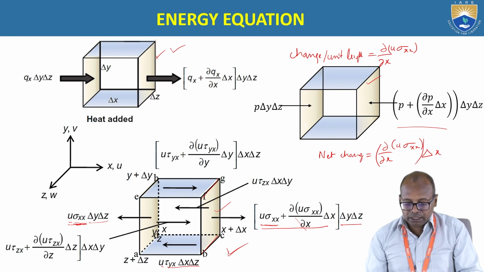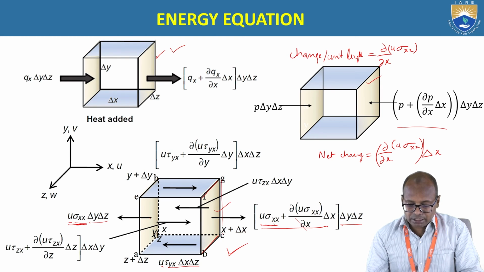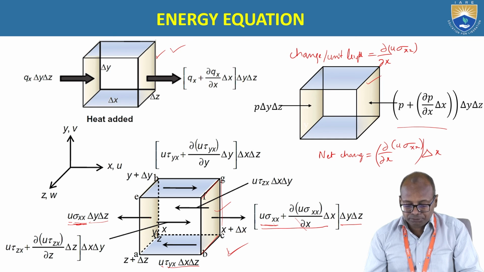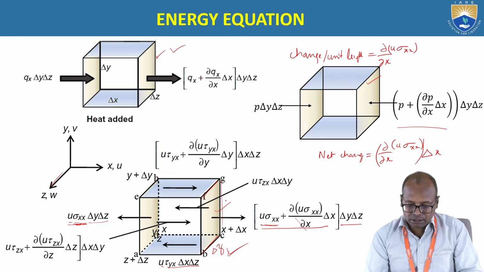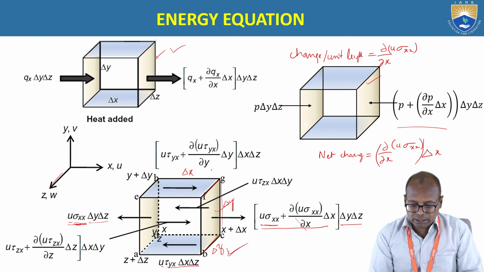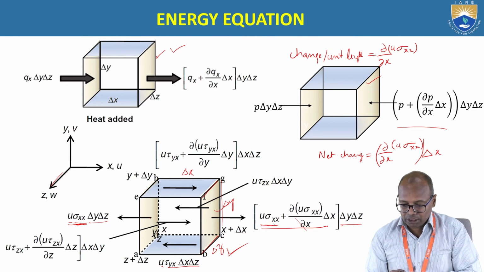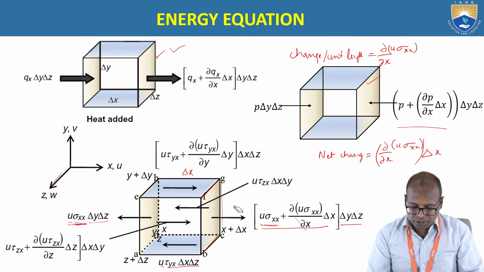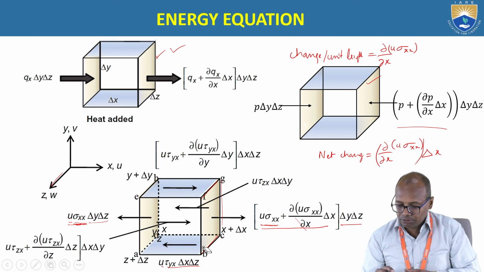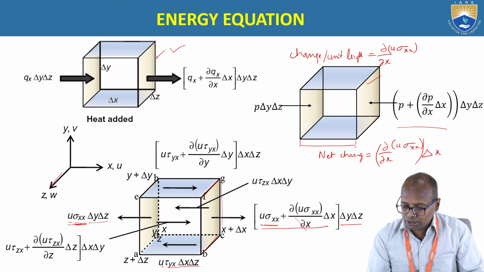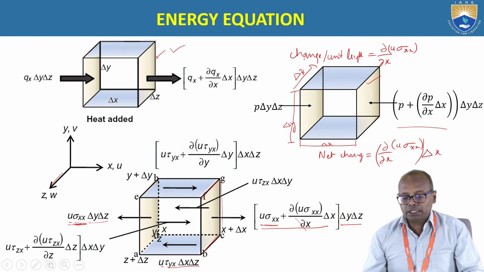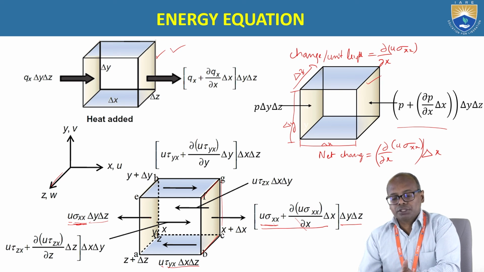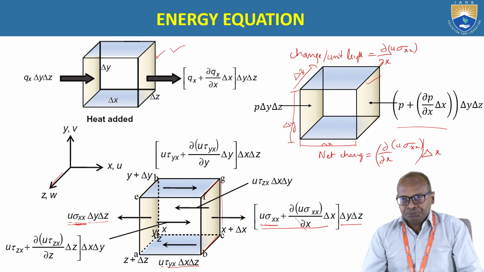This is delta y and this is delta z. This is the z direction. So this is delta z, this is delta y, and this is delta x. These are the three values. This diagram is a little complex, so I am writing it in a simple one. This is delta x, this is delta y, and this is delta z. These are the three magnitudes of this element in different directions.